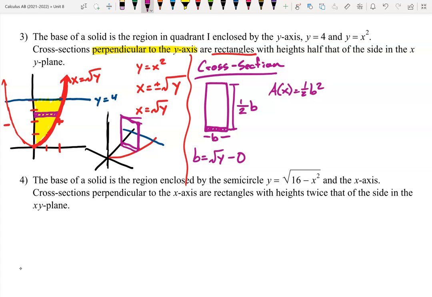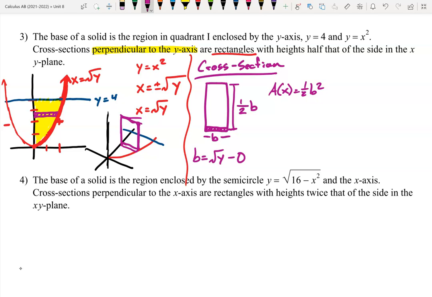That y equals 4 is now the upper bound, the interval of integration, from 0 to 4. Remember, we have to tilt our head to the side and look at it sideways, so this becomes the top, this is the bottom, this is the left, and that's the right, more or less.